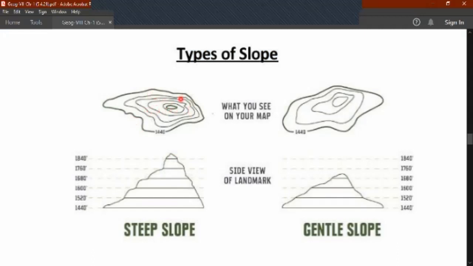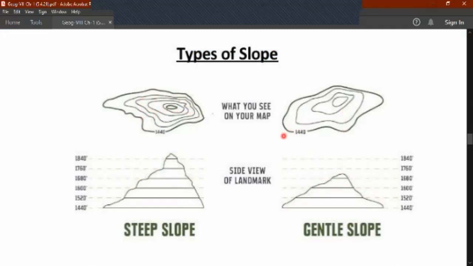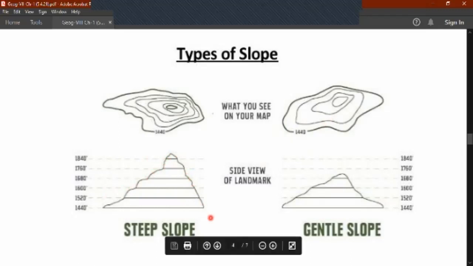Whereas in a gentle slope, the contours are spread in a wider way, or wide apart. So this is a steep slope region here and a gentle slope.